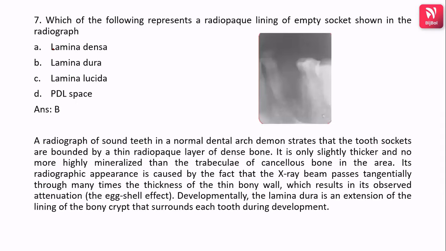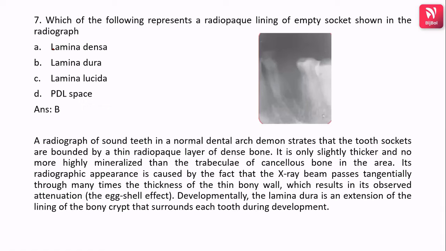Moving to the next one, which of the following represents a radio opaque lining of an empty socket shown in the radiograph? So we all know the radio opaque lining of an empty socket. That is immediately after the tooth is removed. If you see the radiograph of that particular area, you can see still a radio opaque lining present.